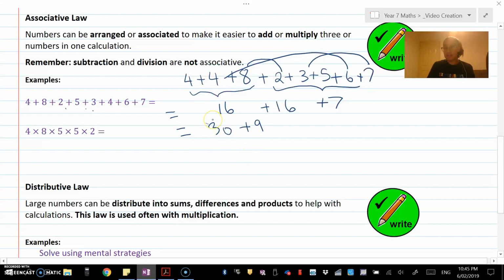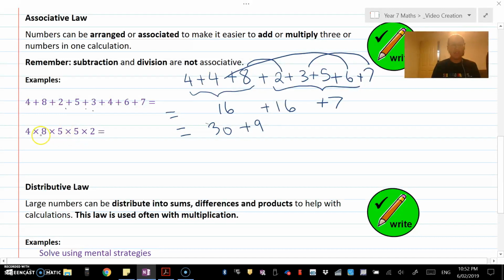So lots of different strategies, finding one that works for you. So using or exploiting those associative and commutative laws to help you solve problems mentally.